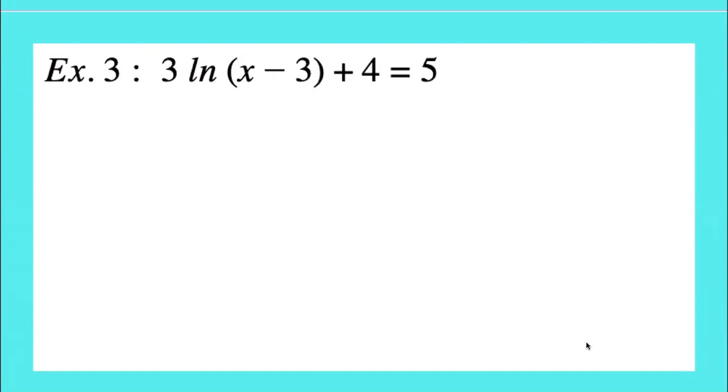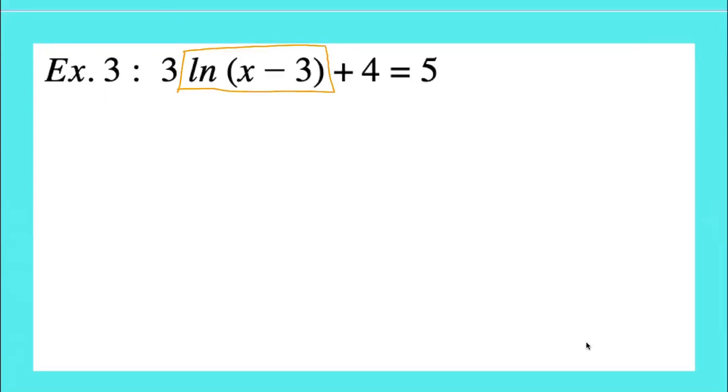So if I think back to my steps from earlier, I want to make sure that I start with number 2, which is isolate my log. In other words, I want to get that expression all by itself on one side.